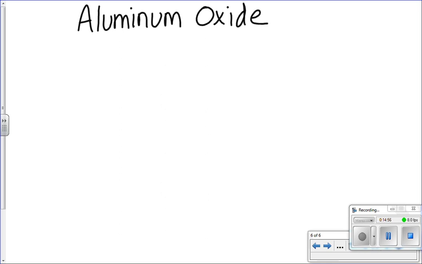What's our very first step? Write the ions side by side. So what's our ion for aluminum? Al, and its oxidation number is 3+.